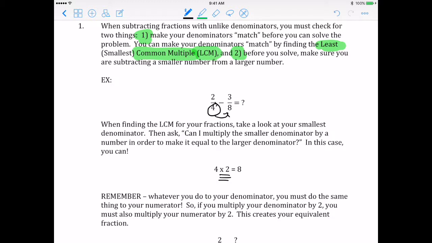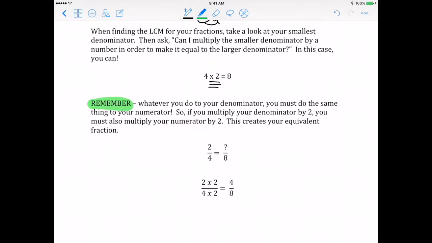Now, I want you to remember, whatever you do to your denominator, you must do the same thing to your numerator. So if you multiply your denominator by 2, you must also multiply your numerator by 2. This creates your equivalent fraction.